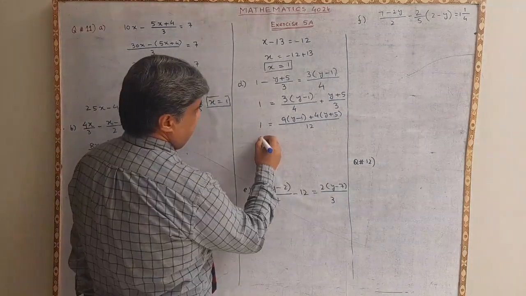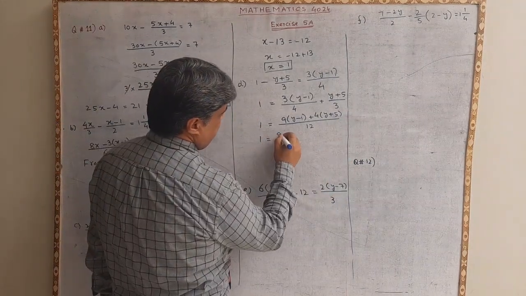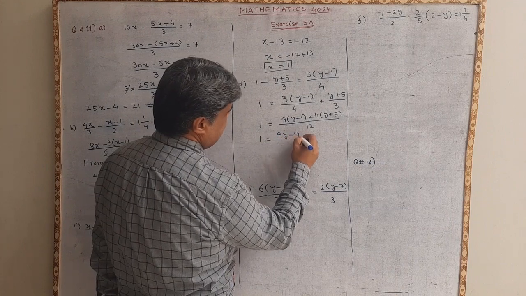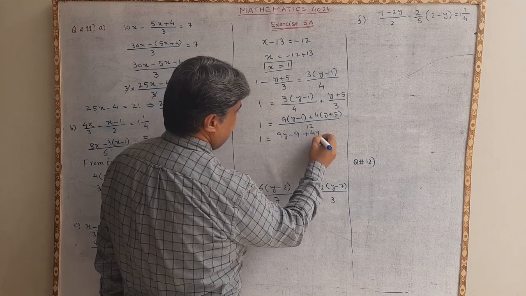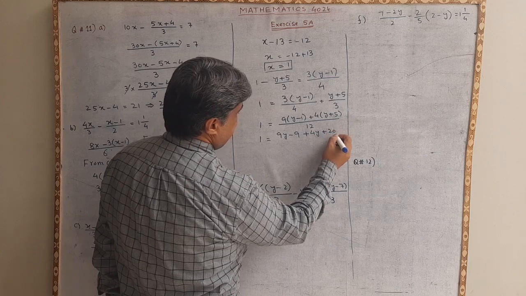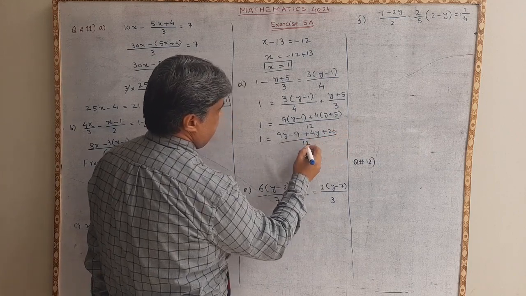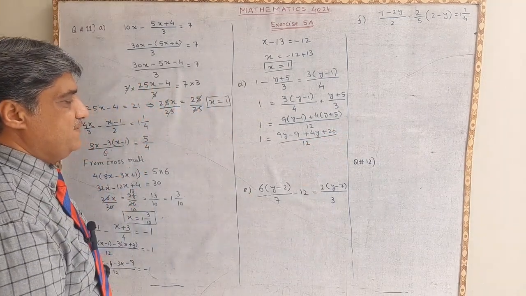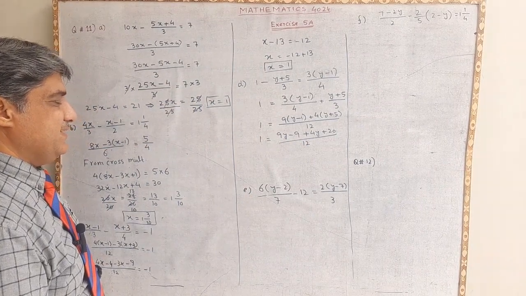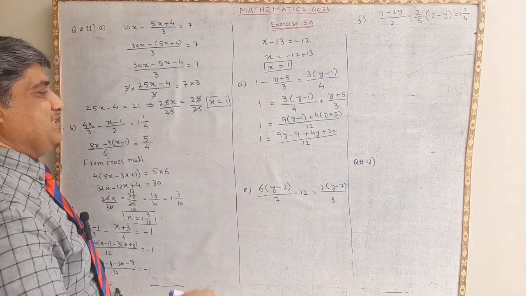Now I am writing 1 is equal to (9y minus 9 plus 4y plus 20) whole divided by 12. Now this 12 will be shifted to this side, but I am rearranging it.